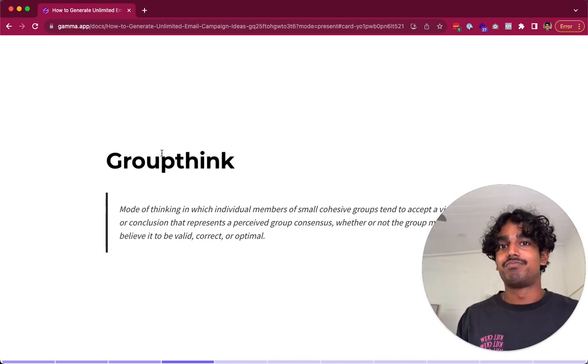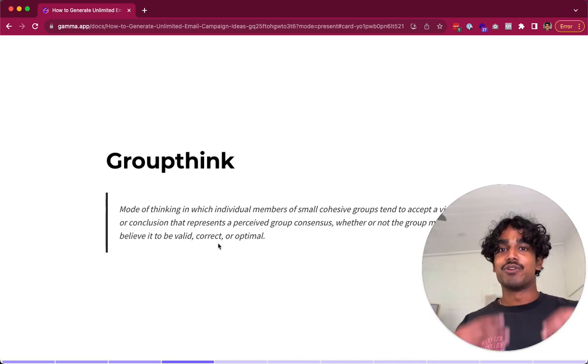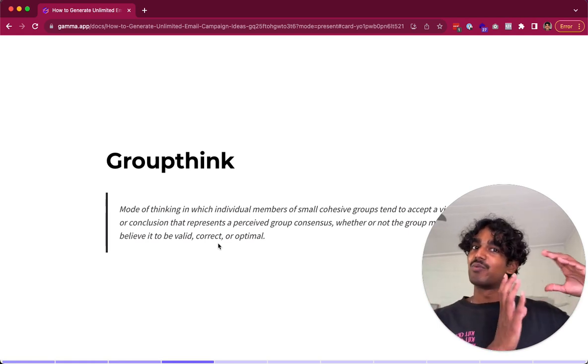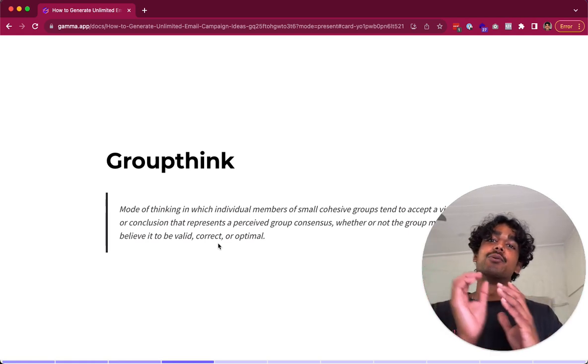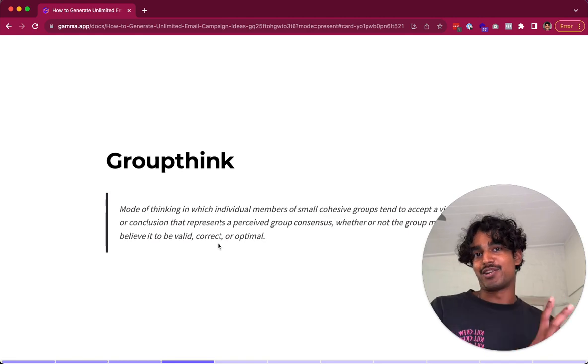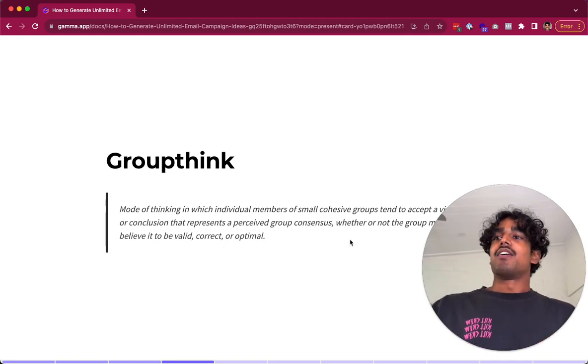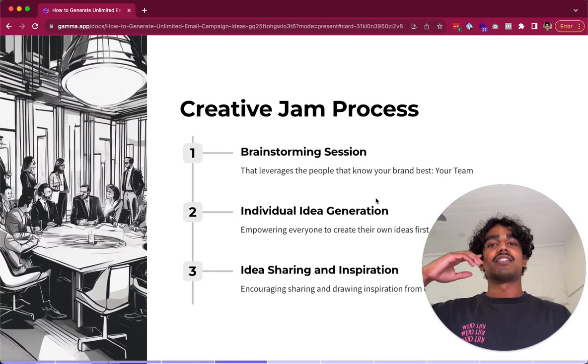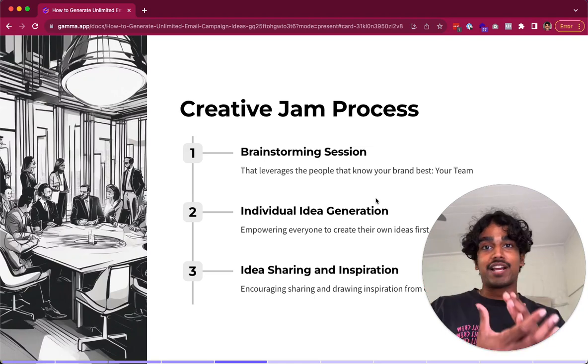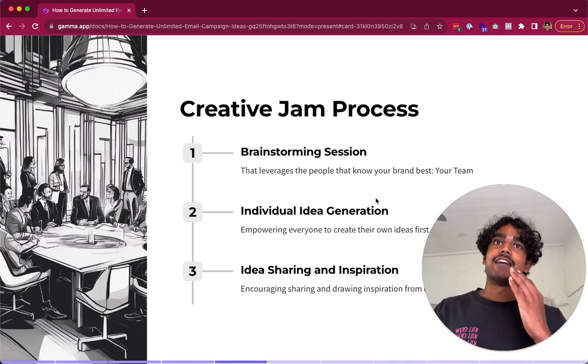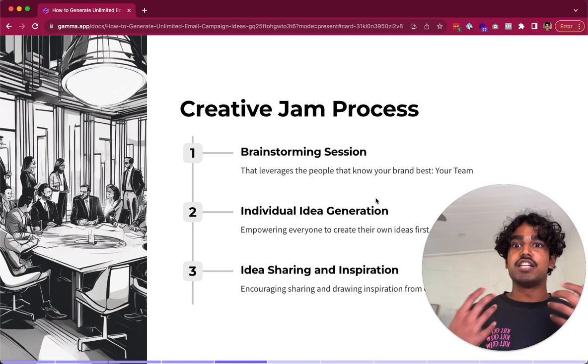This is classic groupthink. When you're in a room with people and the idea is going in one direction, you're going to somewhat feel conformed to move in that direction as well. So the creative jam is a brainstorming session, but it leverages everyone's individual view.